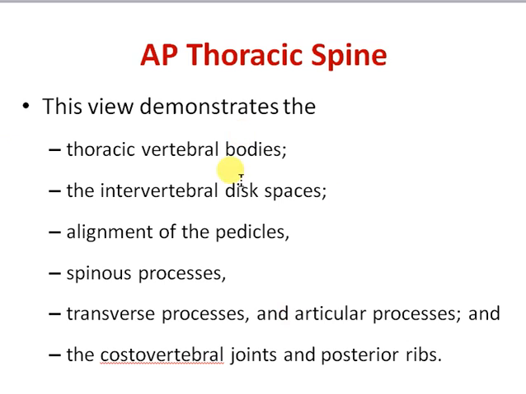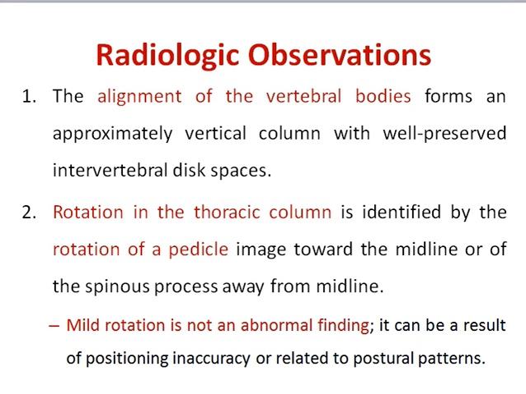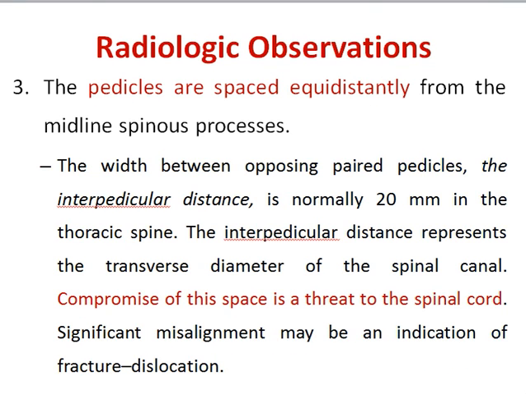So we will not repeat this, but you have to look for the alignment of the vertebral bodies, and you need to look for the rotation of the thoracic column, rotation of the pedicles, and you can find some rotation which is not an abnormal finding, which is physiological. You need to see that the pedicles should be equidistant, and you need to measure the interpedicular distance, which is normally 20 millimeter. If it is more or less, then you can say either there is compression or subluxation.